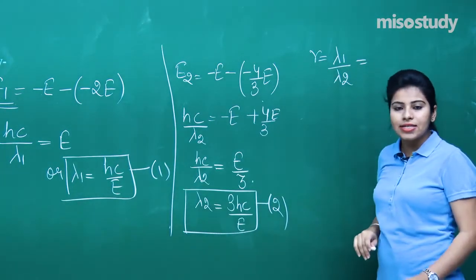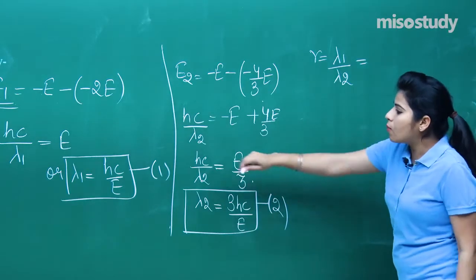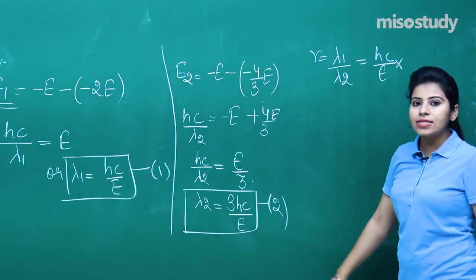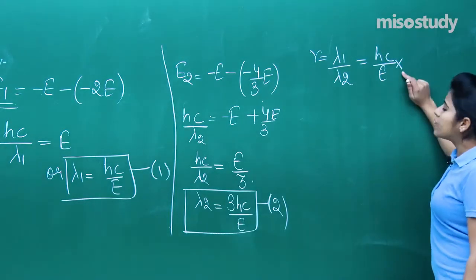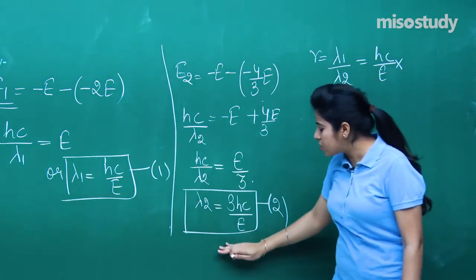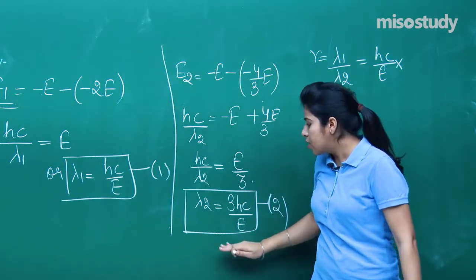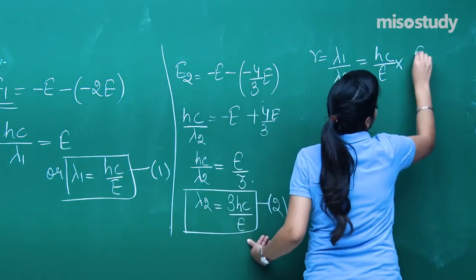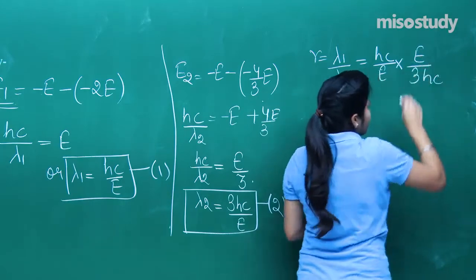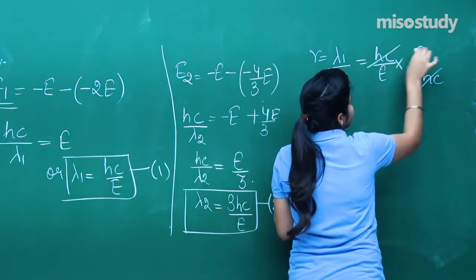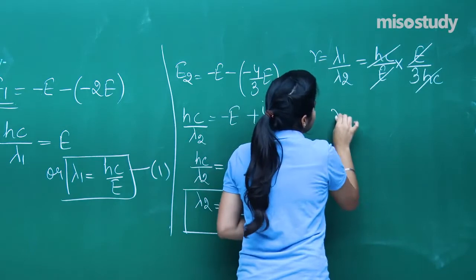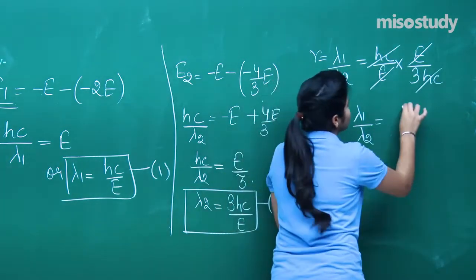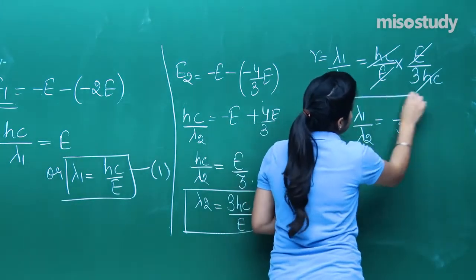Lambda 1 is hc by E and lambda 2 is 3 hc by E. I take the reciprocal of lambda 2, so that is E upon 3 hc. hc cancels, E cancels, so the ratio R, lambda 1 by lambda 2, equals 1 by 3.